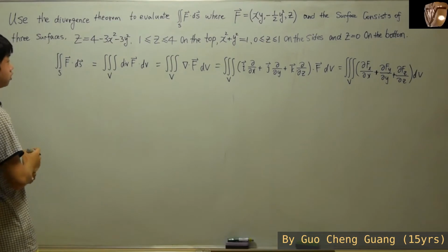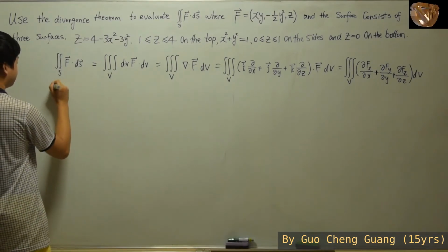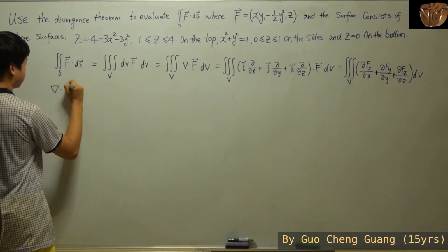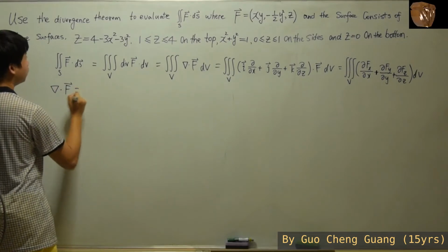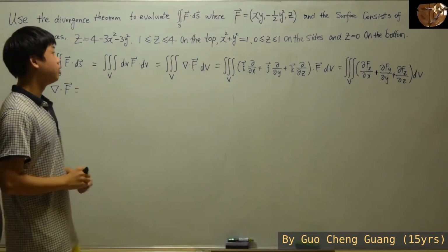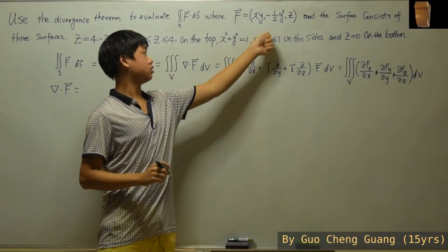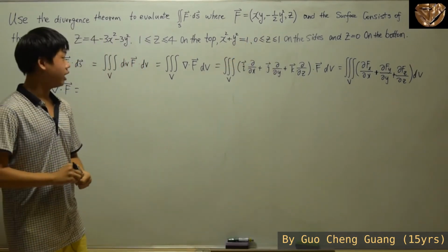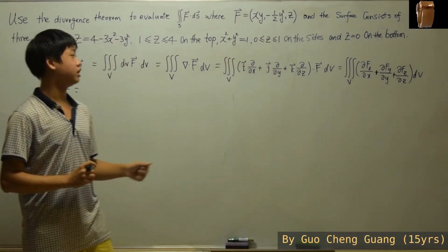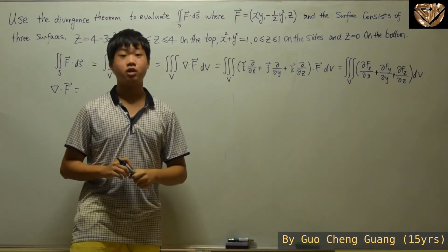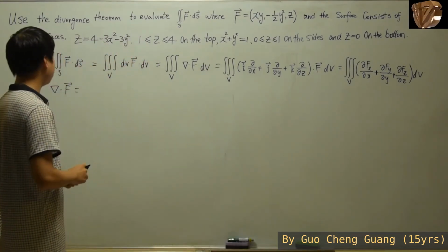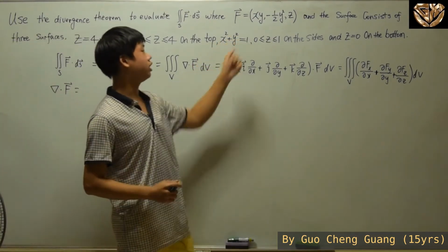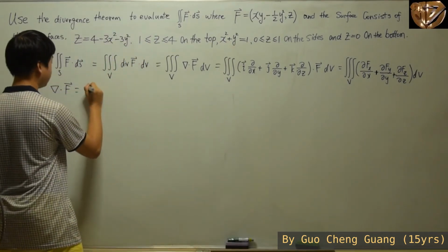So the first thing you can try to find will be the del dot F. So what exactly would this be? We take a look at these three that were given, and of course you just do partial differentiation on them respectively. So the first one, when you differentiate xy with respect to x, you get y.